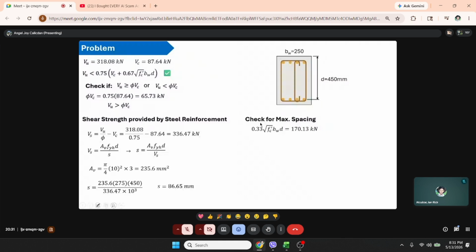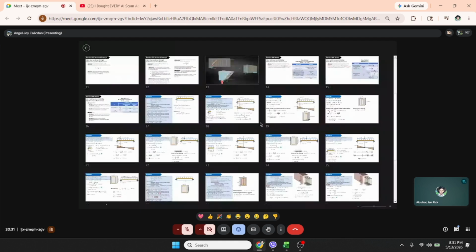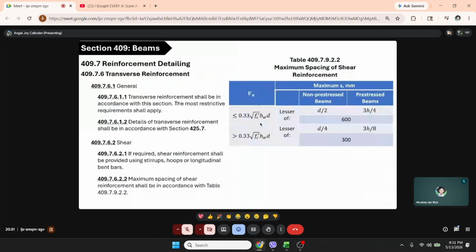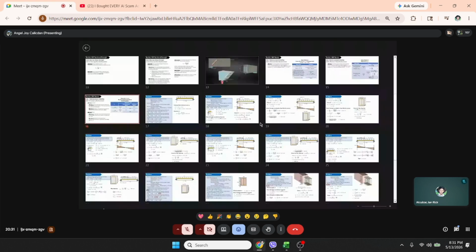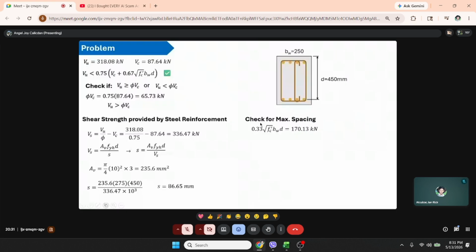According to our table earlier, we compare VS to 0.33 square root of FC prime BWD, to decide whether to use D over 2 and 600, or D over 4 and 300. And 0.33 square root of FC prime BWD is equal to 170.13 kilonewton.